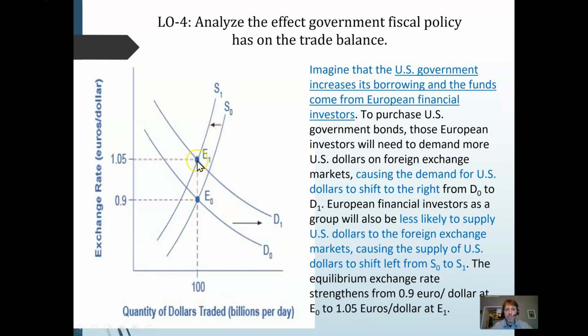So we end up at this new equilibrium point, which shows no change in quantity, but an increased price: one increased quantity, the other decreased quantity. They happened to draw it so that they were equal and we didn't change the overall equilibrium quantity of dollars in the world marketplace.